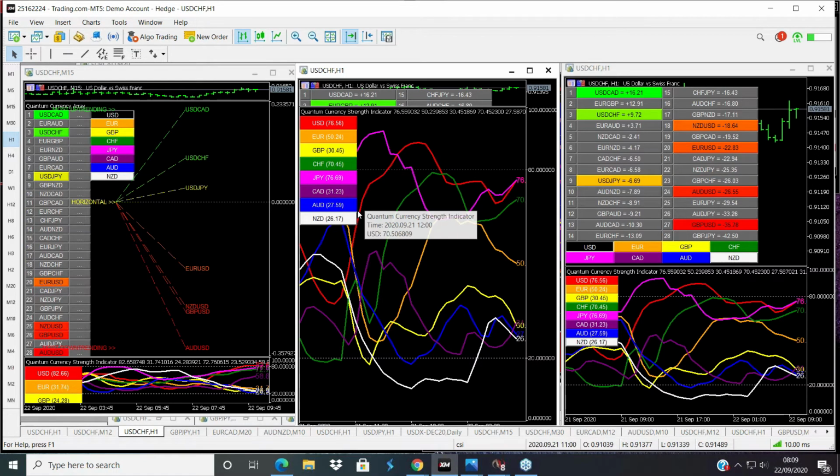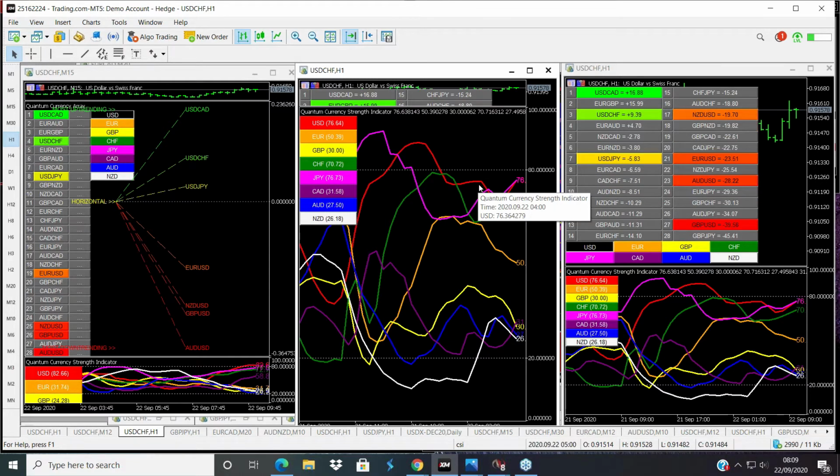This is the dollar. This is yesterday's big rise. It did roll over a bit sideways, as sometimes happens in the Asian session, but now it looks like it's on the up.